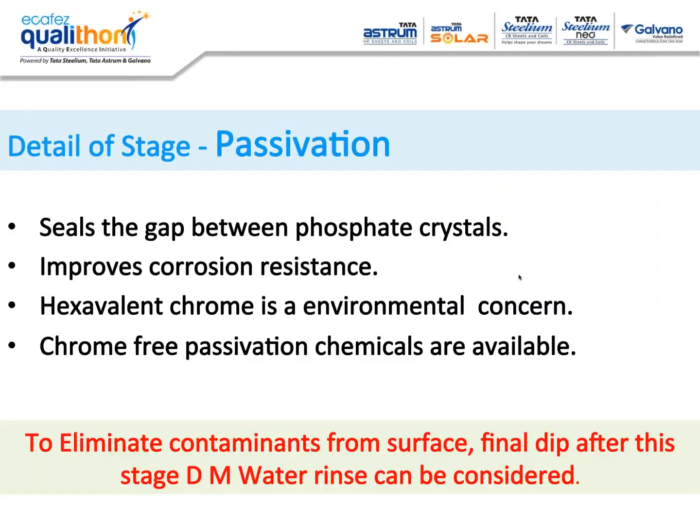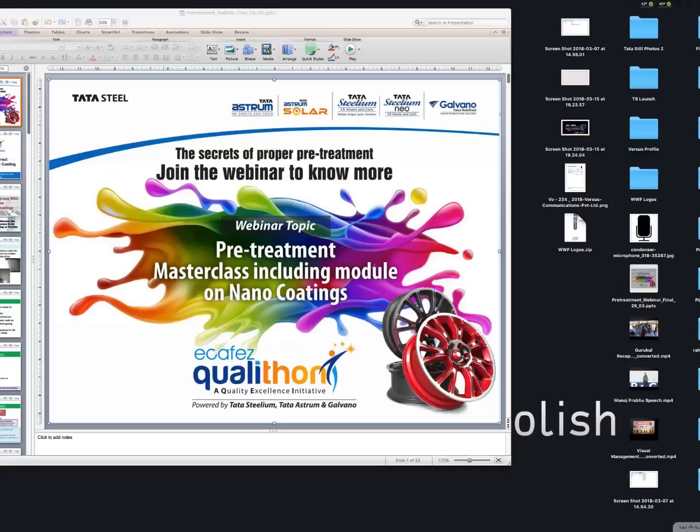Most of the times phosphating is a different line, and coating is a different line. So sometimes we unload the material and keep it there for some time, and then we load it on the coating line, and at that particular time you need some protection, and that has been offered by passivation.